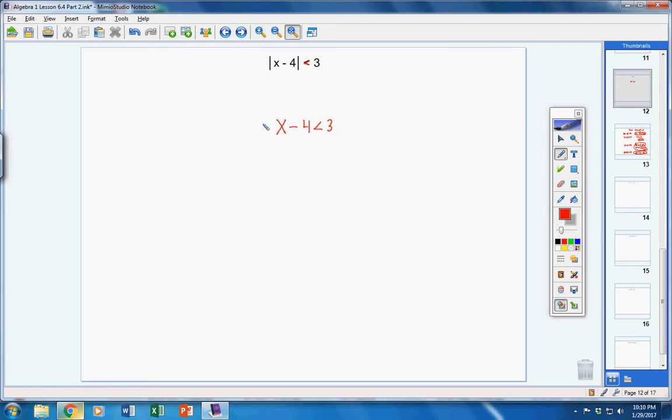Then you also put the same arrow here, and you change the sign of this and put a negative 3 here. And now you solve when you're finished. So bring the 4 over, make it a positive 4, and you're left with 1, and then x, and then 7, and there's your answer. If I ask you to graph it, you can graph that very easily.